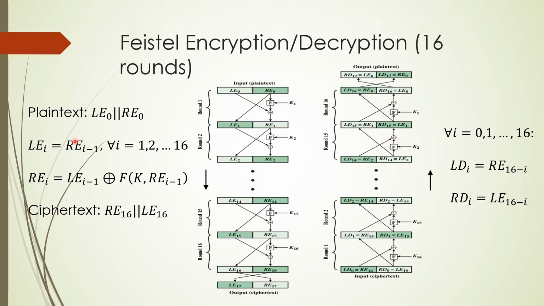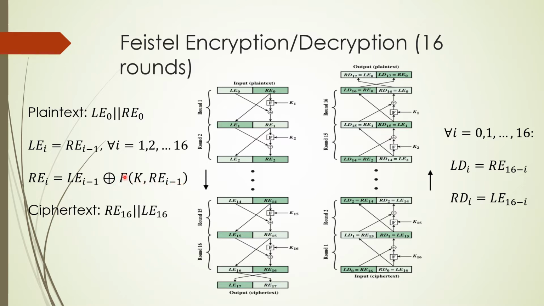And the right hand side of the output, which is REi for the ith round, has a bit more complex formula. It is equal to the left hand side of the input, which is LEi minus 1, bitwise exclusive OR by another value.